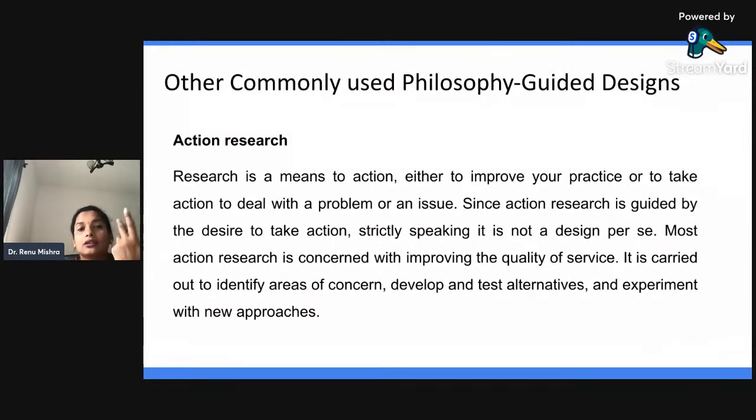Action research is understanding the problem and taking the right kind of actions after researching the problem, to deal with the issue and give them the solutions. This is action research.